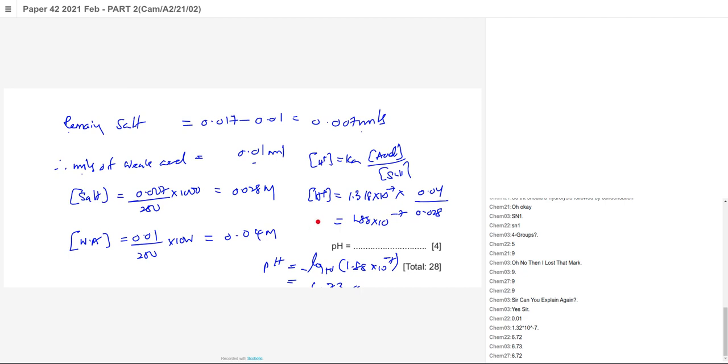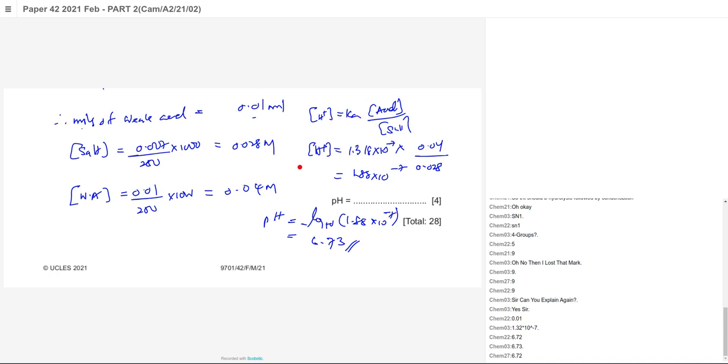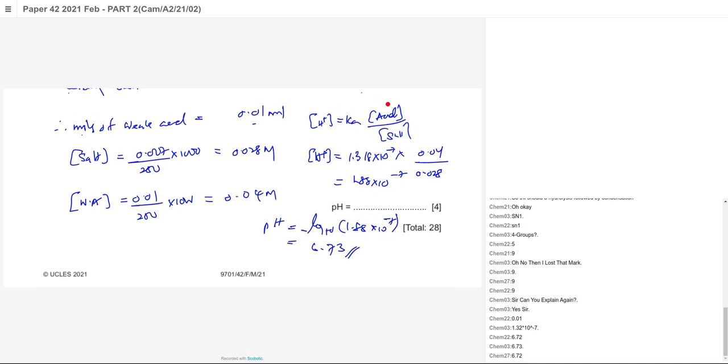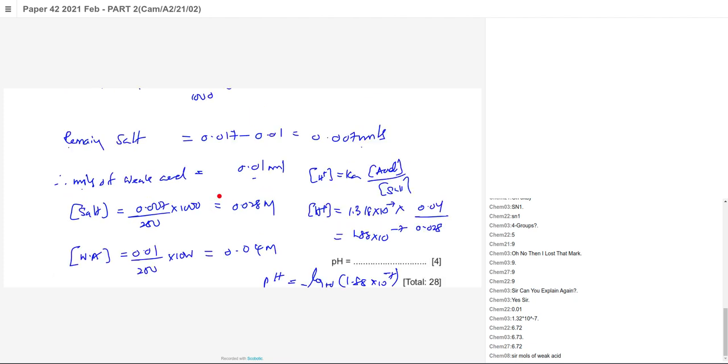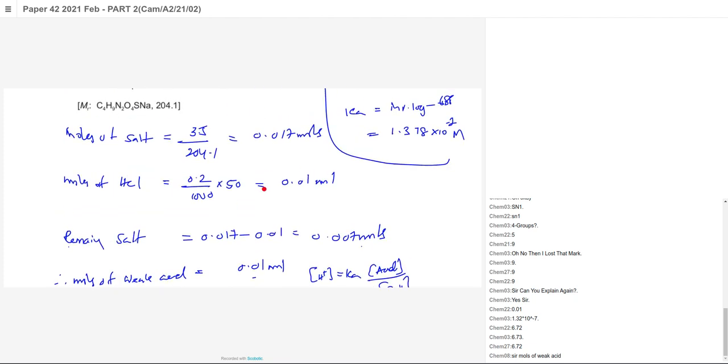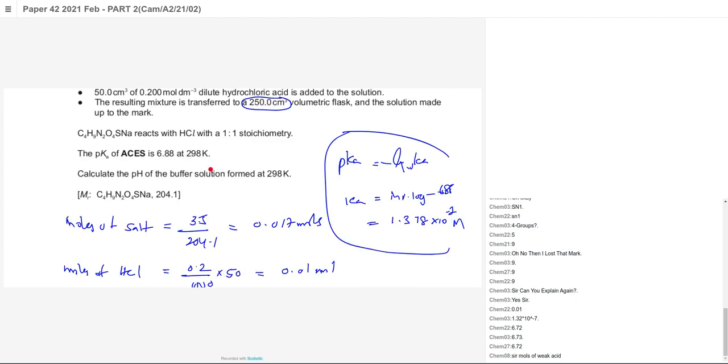And then you get the Ka. This is the equation of the buffer pH: H plus equals Ka times acid over salt. You can work out the H plus concentration, and then pH equals minus log to the base 10 of H plus. So you get the pH. Moles of weak acid is the moles of HCl because the ratio is 1:1.